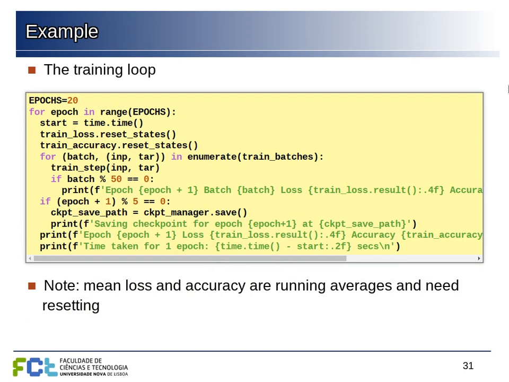Okay, so now we train 20 epochs, for example. We reset the moving averages for training loss and accuracy, and then we go through the batches, do the training step, print out the loss so far every 50 batches in this case, and save the checkpoints for each epoch after the first, every 5 epochs, so we keep saving checkpoints.